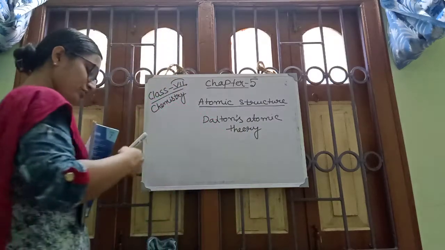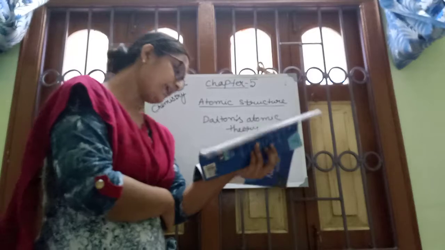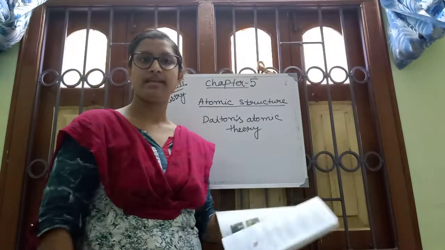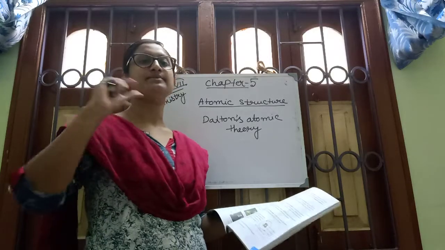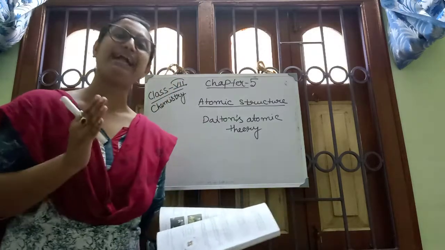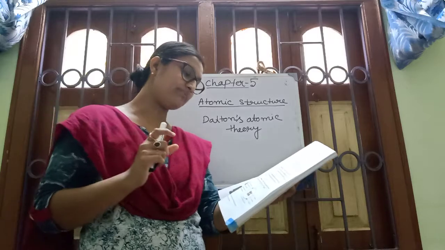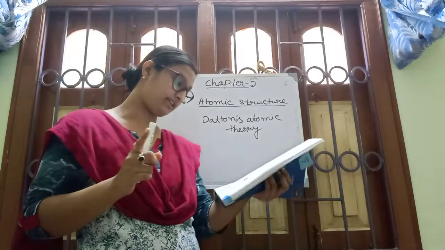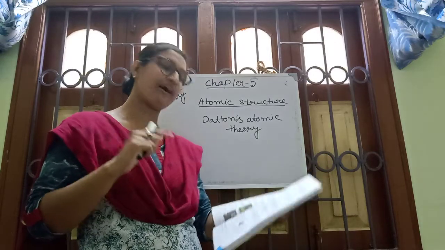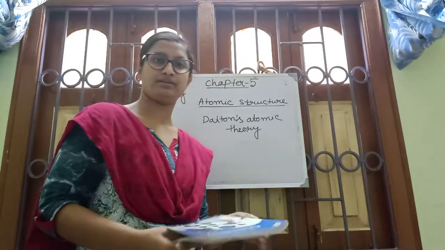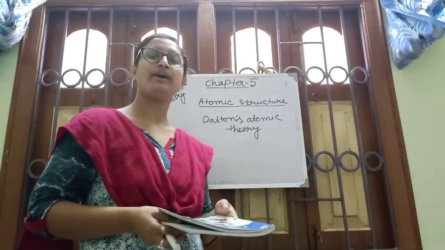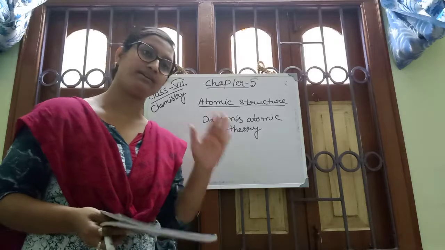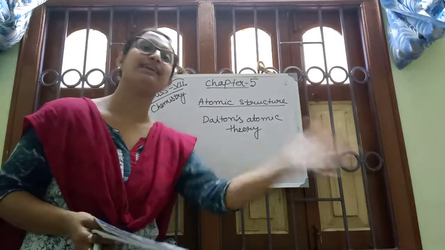What is this theory? You have to learn it. What does the theory include? Elements are made up of small indivisible particles called atoms. Atoms of a given element are identical, but differ from the atoms of other elements. If it is one element, all its atoms are identical, but they are different from the atoms of other elements.